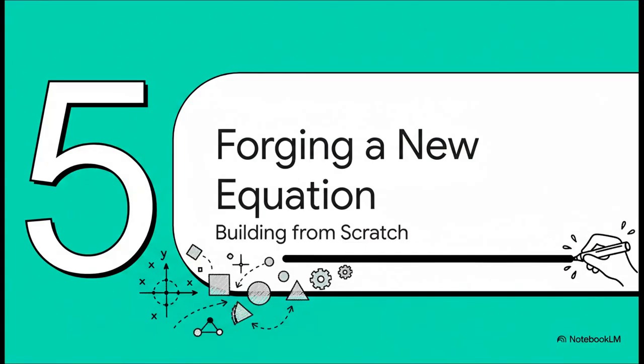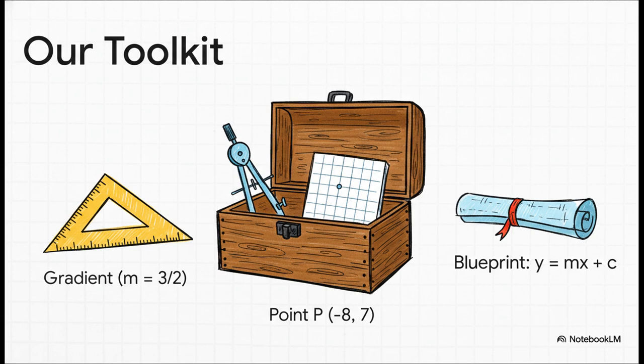Okay, this is the moment where everything we've learned comes together. We're not just taking lines apart anymore. We're going to build a brand new one, completely from scratch. So let's take a look at our toolkit. We've got the gradient we just found, 3/2. The source material tells us this new line passes through the point (-8, 7). And of course, we've got our universal blueprint, good old y equals mx plus c.